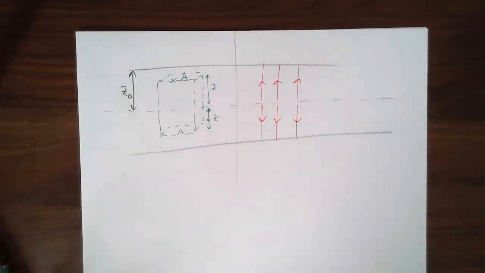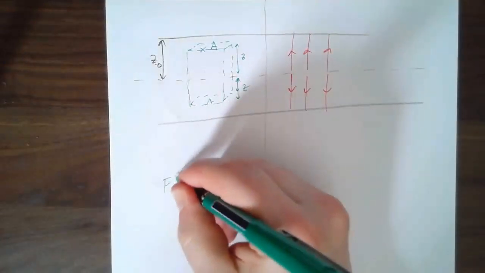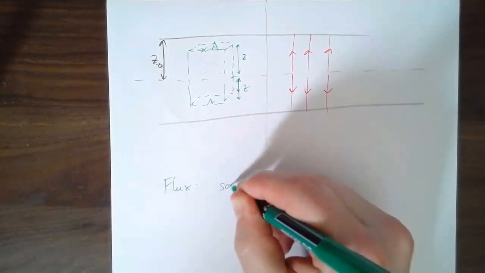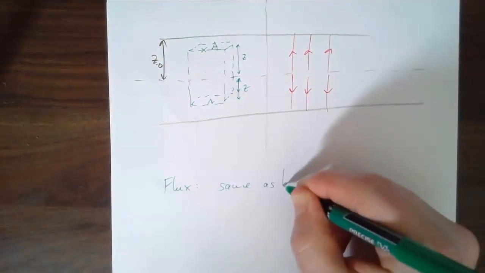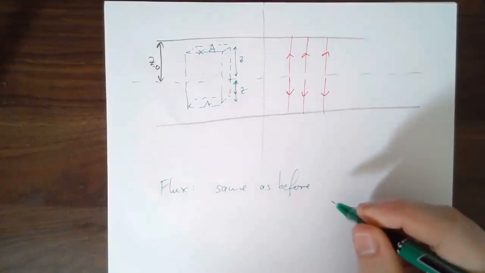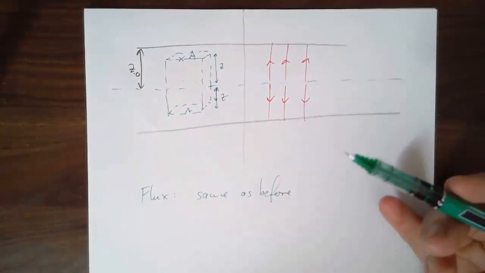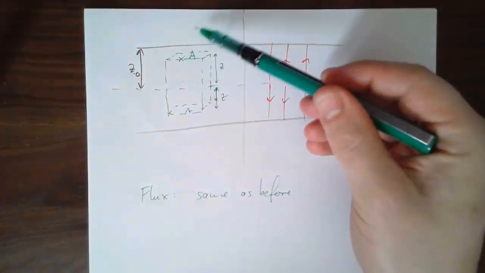Okay, so the same logic applies for calculating the flux. So the left-hand side of Gauss's law doesn't really change at all, whether you're inside or outside.